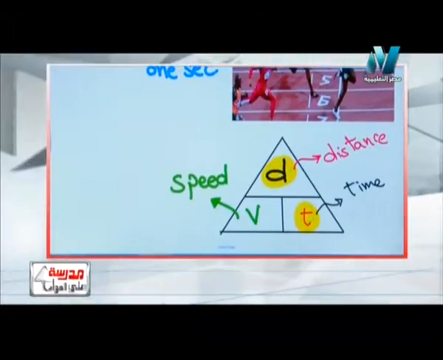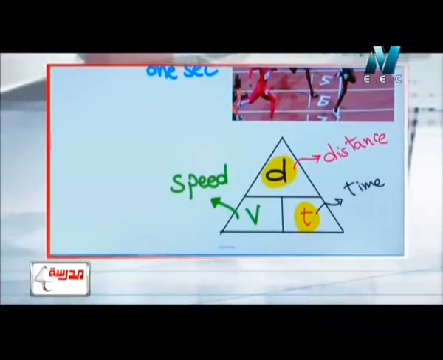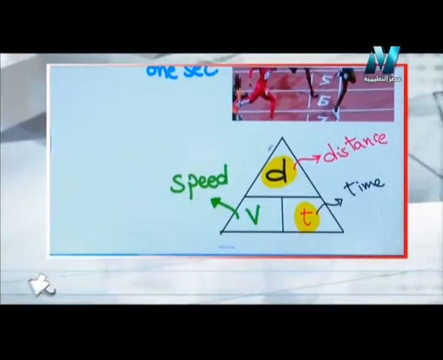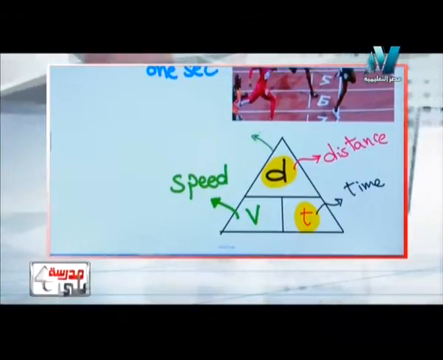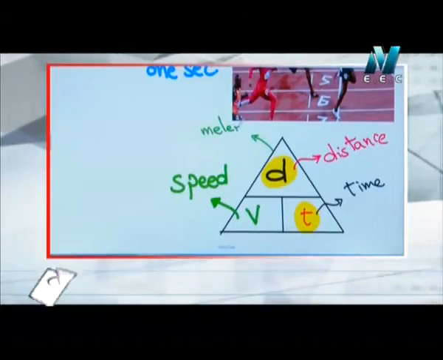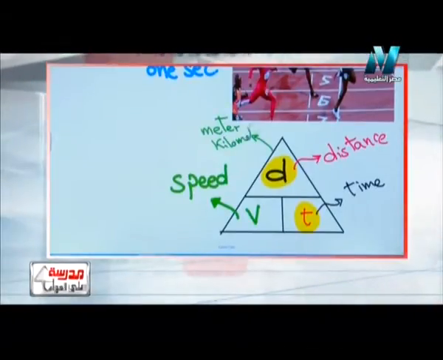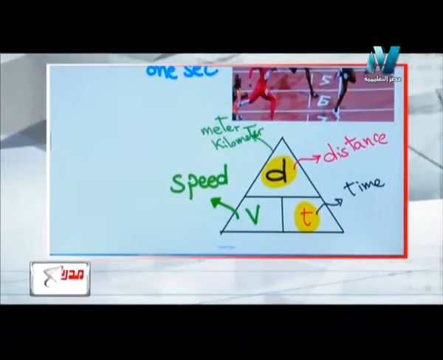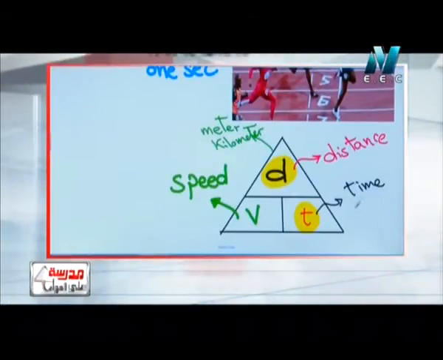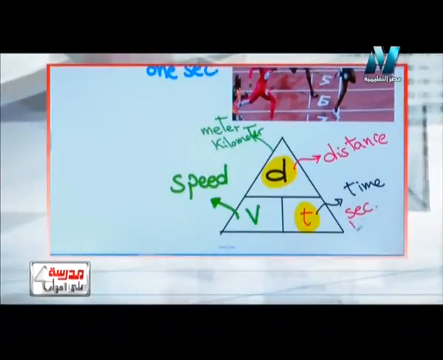At the same time we should know the measuring units of distance and time. Distance has two measuring units: we can measure distance in meters or in kilometers. And time we can measure by two units, seconds and hours.